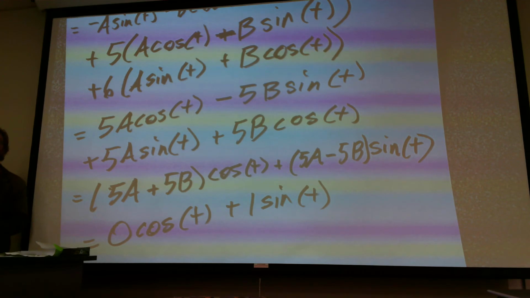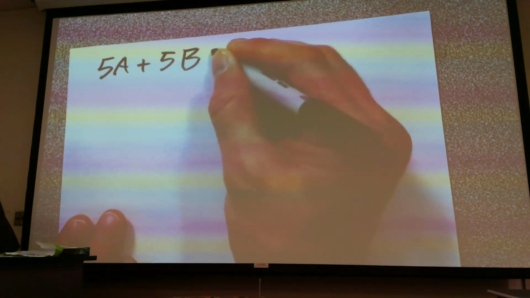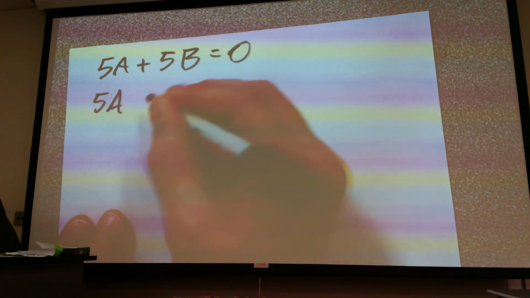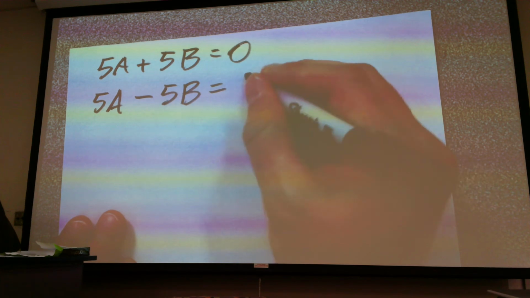So this is going to give me two equations. We have 5a plus 5b equals 0, and then 5a minus 5b is going to equal 1.